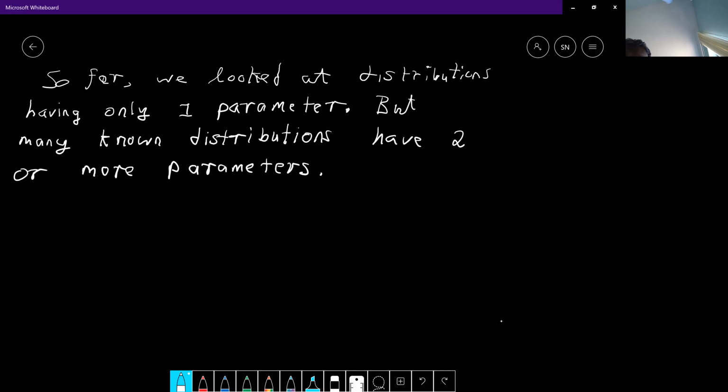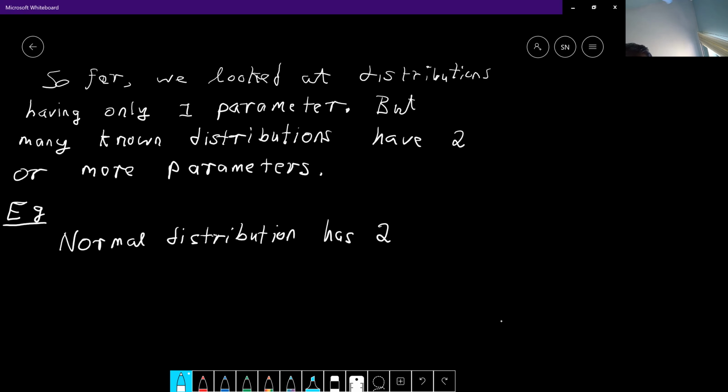So for example, if you look at examples, like the normal distribution, the normal has two parameters.